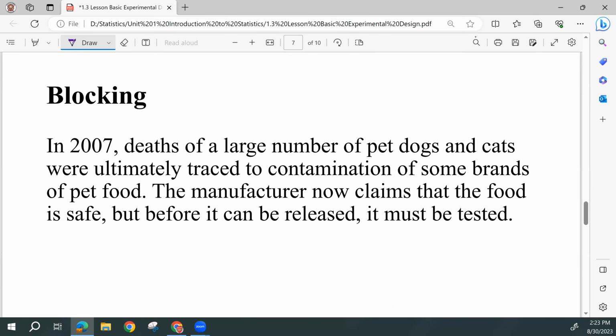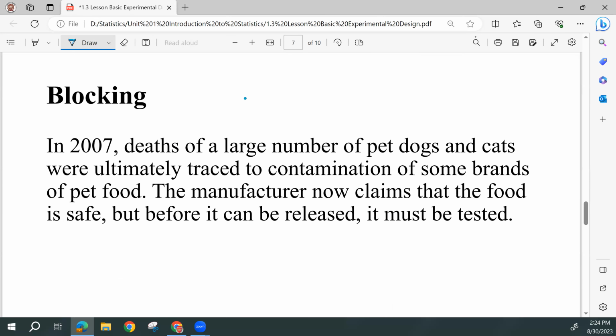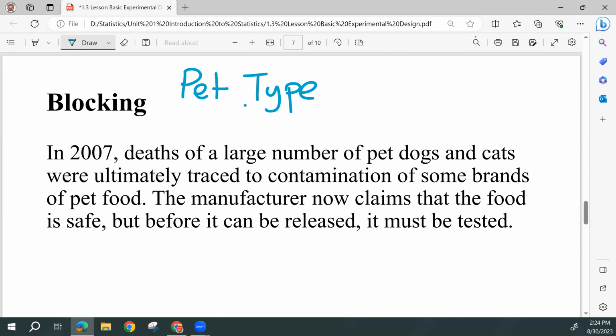I mentioned blocking. We do not always have to block, but typically there are reasons why we would. And in this example, we would want to block out the pet type. So what we would end up doing is running the same experiment simultaneously, one with dogs and one with cats.